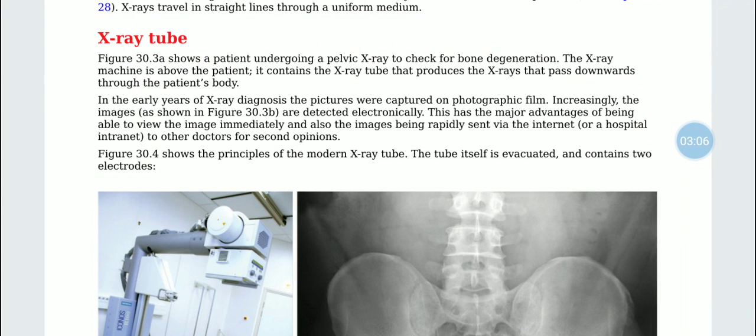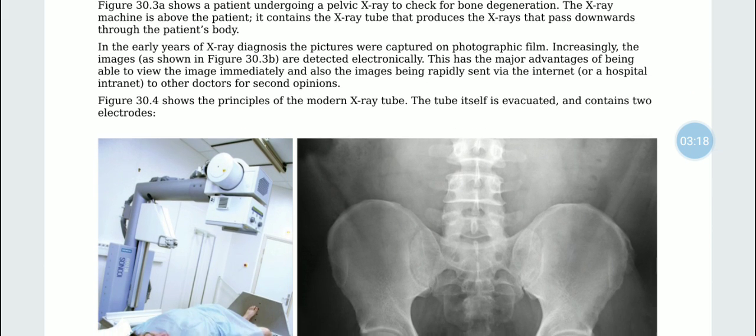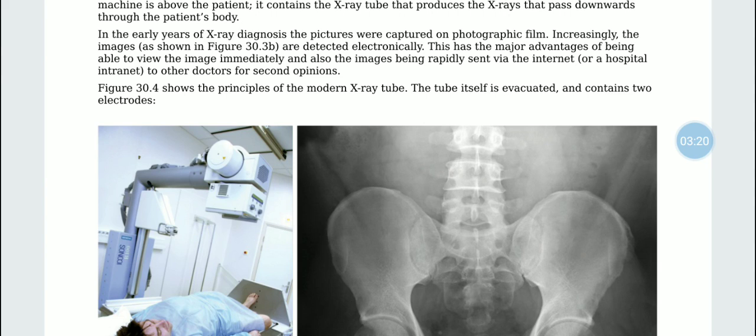The purpose of X-rays is quite obvious. When X-rays pass through a patient's body, they pass through the soft tissues without any issue, but when they pass through the skeleton, there is an area which will not be seen.